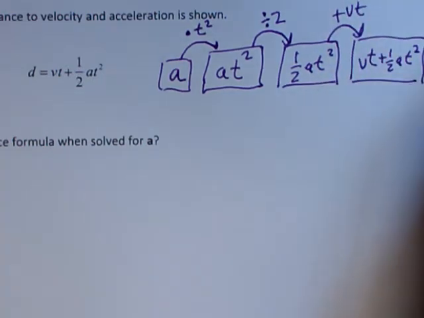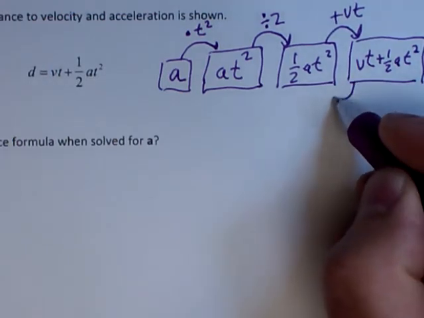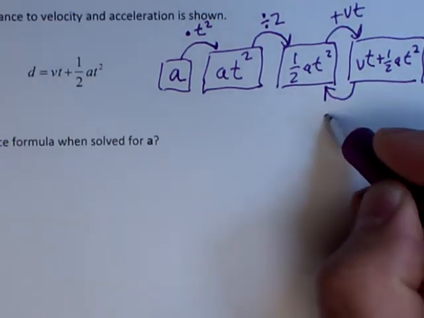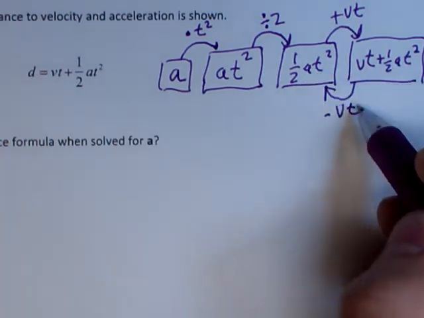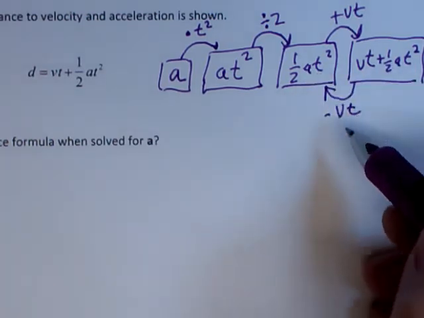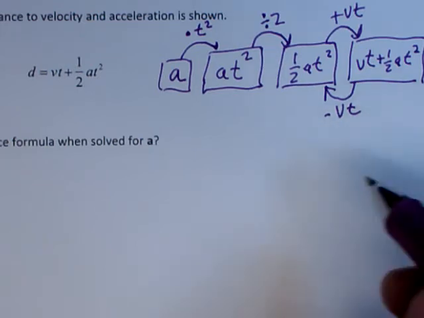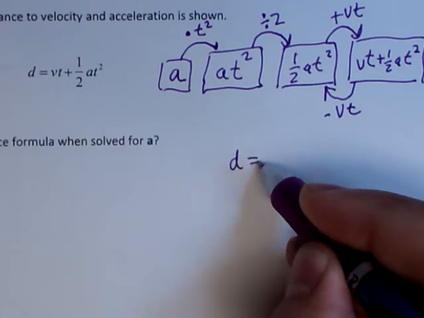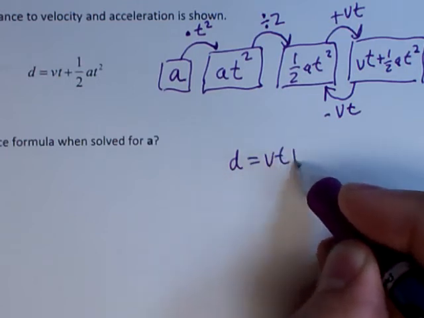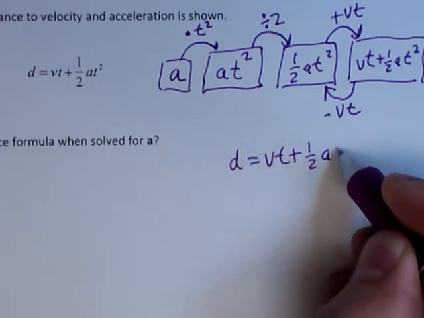So to solve this for A, I'm going to have to reverse these steps. Step 1, minus VT from both sides. To go from this to this, I'll have to minus VT from both sides. So let me just start that here. I've got D equals VT plus 1/2 AT squared.